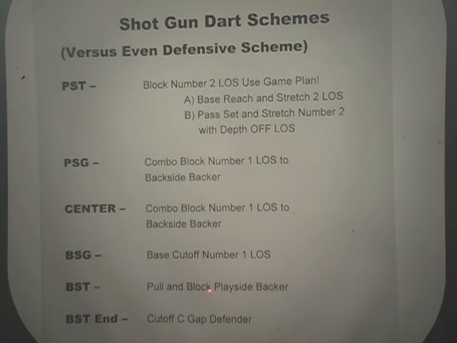He's going to pull and block the play side linebacker in coverage. If we have a tight end in the ballgame, the backside tight end's rule is to cut off the C-gap defender. He'll cut off the C-gap defender and not allow him to cross his face.